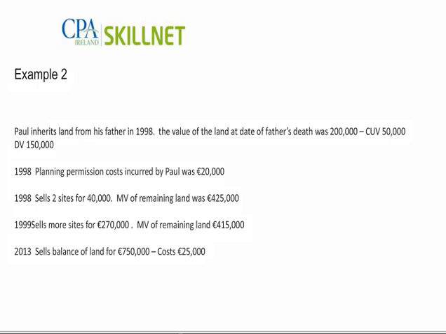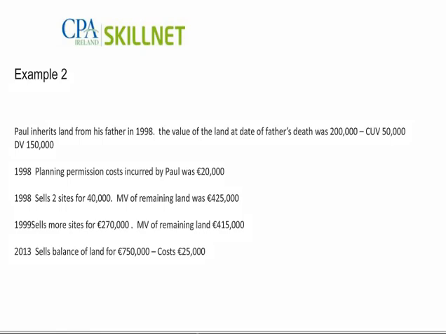What we have here is based on the facts. There is a development value to the land, that whoever valued it for probate purposes, or when it was handed over to Paul, said this land has development value. That's the question of fact, as I said. So therefore we have 200,000, current use value 50,000, development value 150,000. 1998, here comes the planning permission.